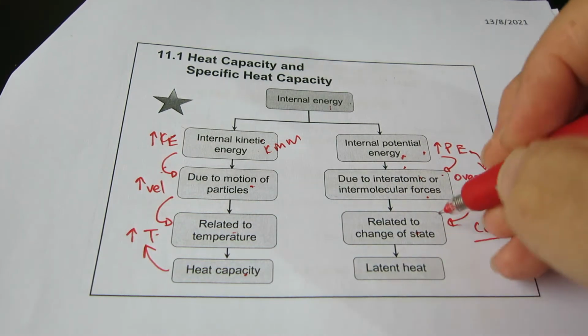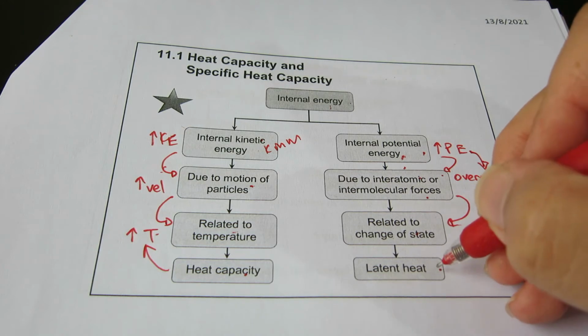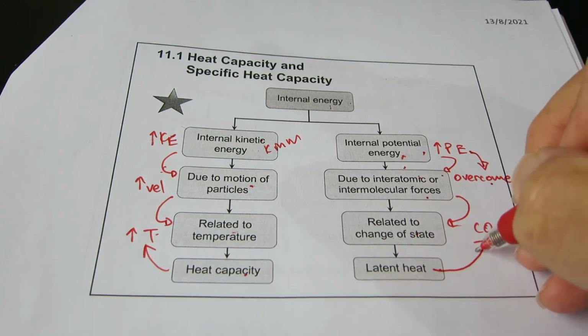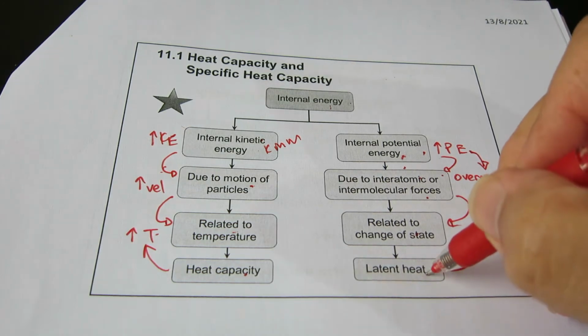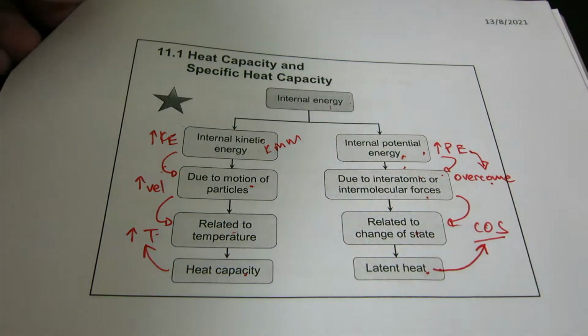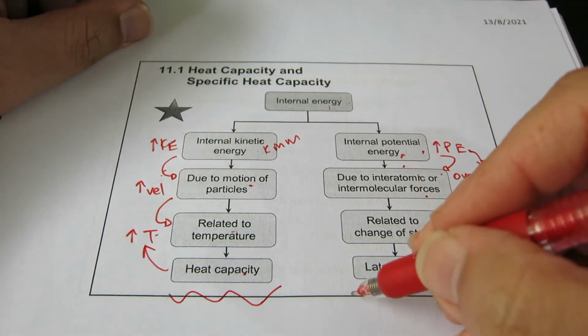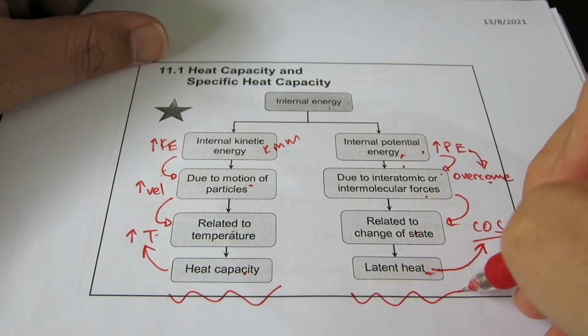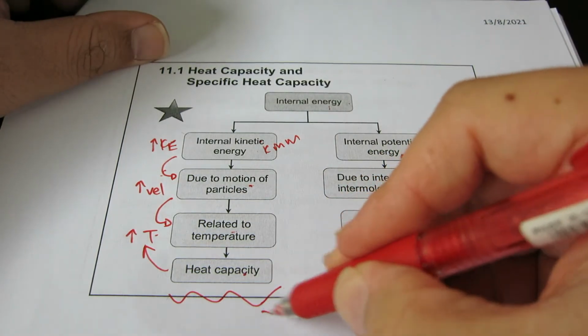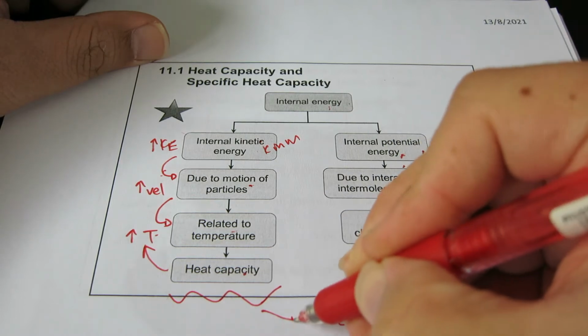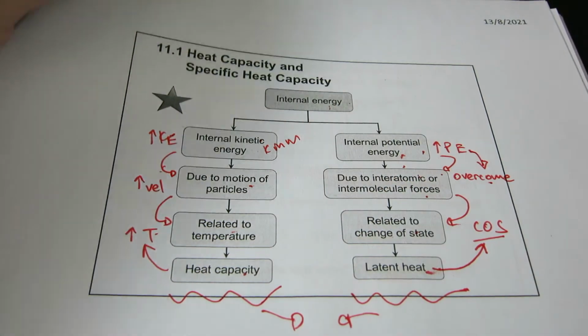To deal with calculations involving change of state, we use a concept later on called latent heat. First we'll discuss heat capacity, then latent heat, and later there will be questions where you have to draw on both of them to obtain your answer.